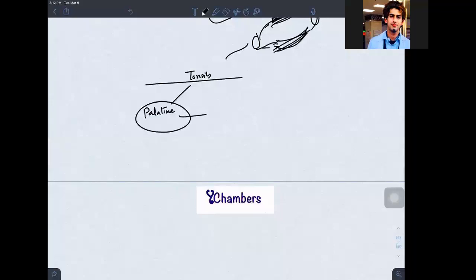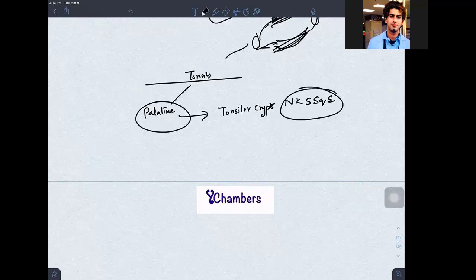And we have learned in the epithelial tissue that the palatine tonsil contains crypts, isn't it? And these crypts are lined by what? Non-keratinized stratified squamous epithelium. And it contains lymphoid nodules.